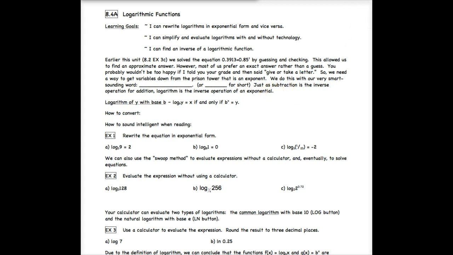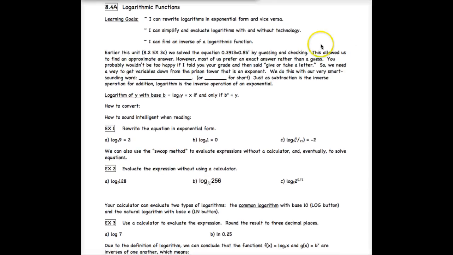So I want you to understand the purpose of logarithms because it sounds fancy, and most of what sounds fancy, people think that we don't really need. But there is a purpose to these logarithms. Earlier in this unit, the first time was in your 8-2 example 3C. We solved this equation by guessing and checking.